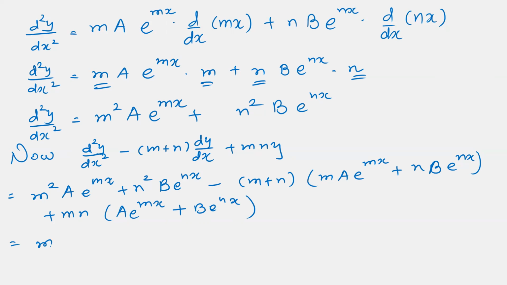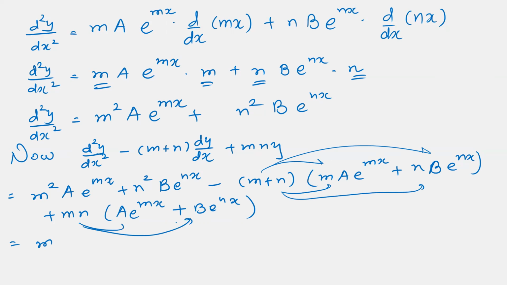If we open this, how can we open? It's just like we are going to open the bracket. In simplification, everything opens. m square a into e to the power mx. The first two terms are as they are.